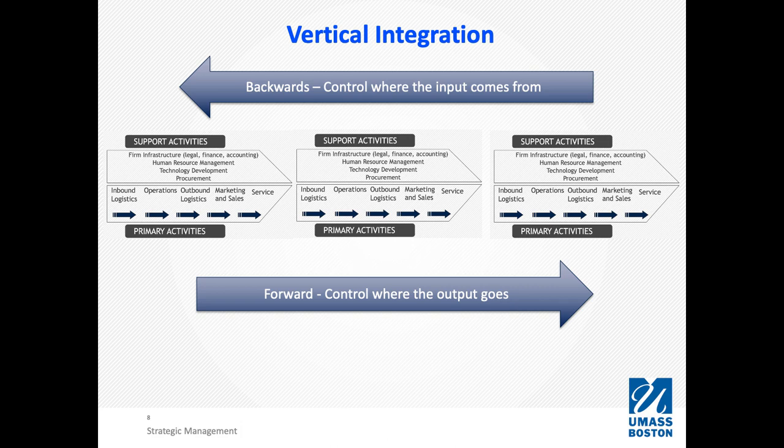Microsoft makes Xboxes, they sell software, they make Surface computers, and those things are all sold in Best Buy. So if Microsoft were to acquire Best Buy, it's trying to control where the output is going. All right? That's vertical integration.